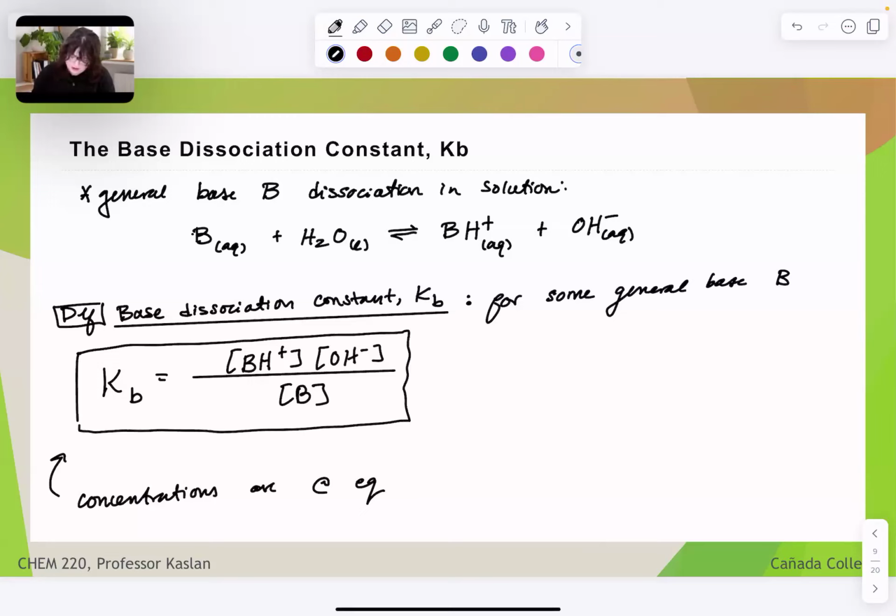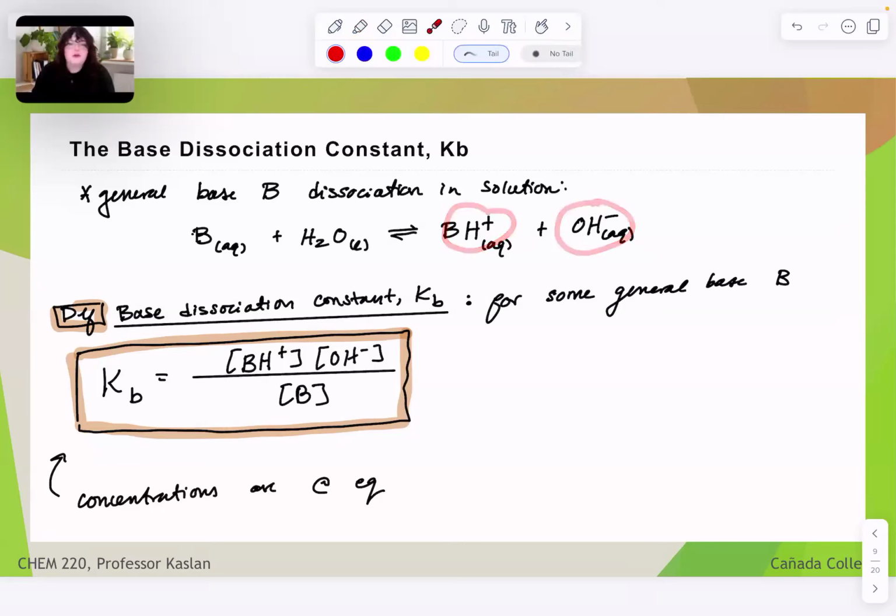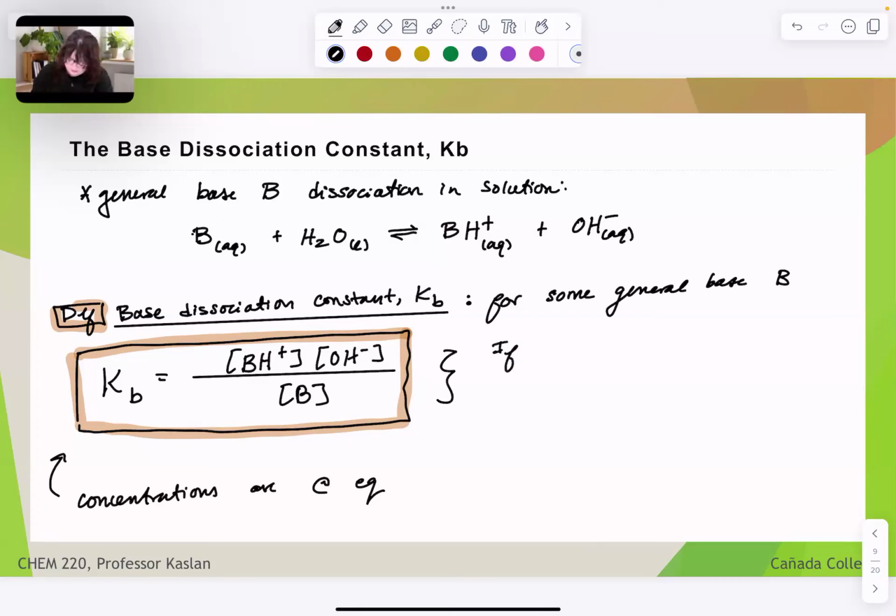And we know from our example with our weak acid that this is going to determine whether we are strong or weak, or whether we favor the production of our basic particle hydroxide, based on the magnitude of K. So Kb, if Kb is small, then dissociation products are not favored at equilibrium.